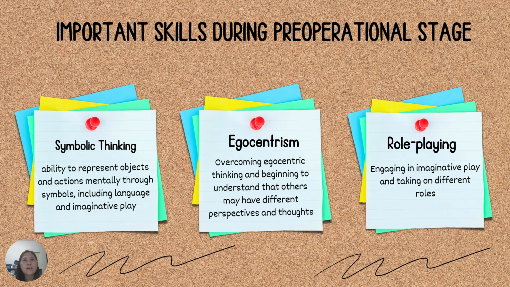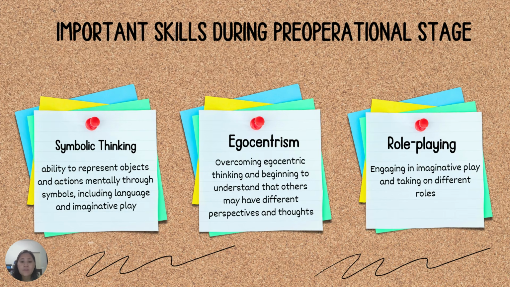They have no capacity yet to understand the needs of others. That's why group play and group activities are very important during this stage, for them to learn the skill to be sensitive, and to understand that aside from their existence, others also exist and they also have their own wants and needs.